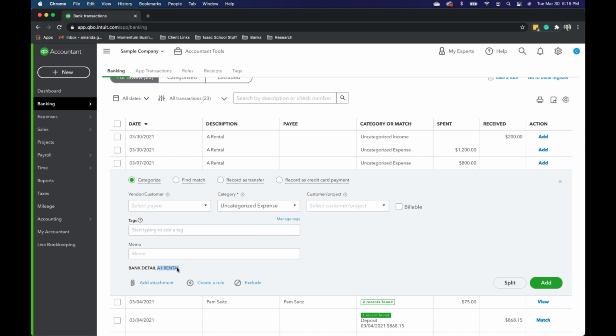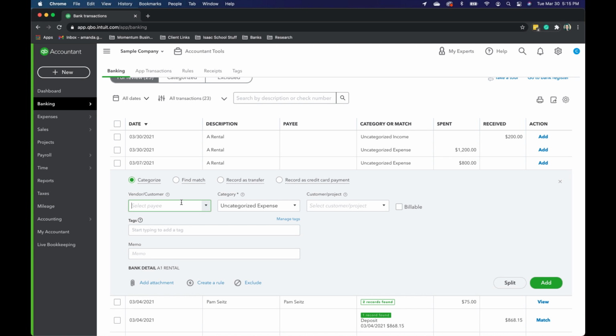This is the name of the business. And what shows up in the bank detail is always more accurate than what QuickBooks may pull in. So get into the habit of expanding these transactions until you get used to your accounts and your vendors, and you know who people are and you understand how these transactions are happening and why. I would suggest opening and expanding every transaction as you review it.